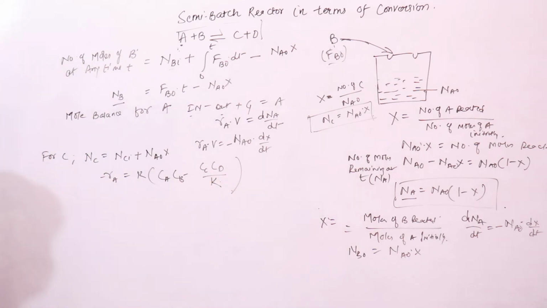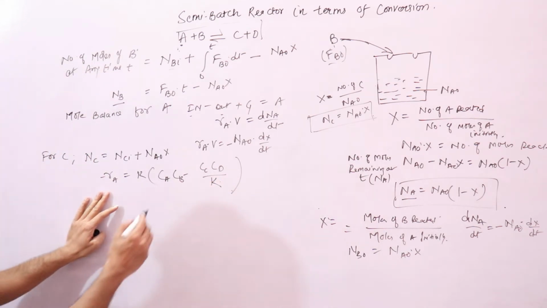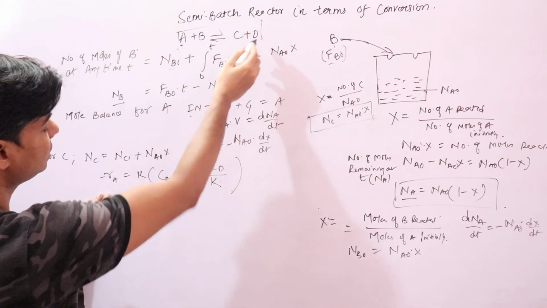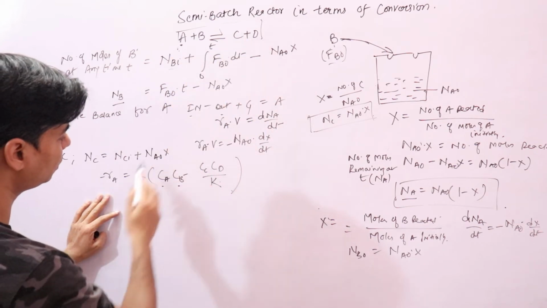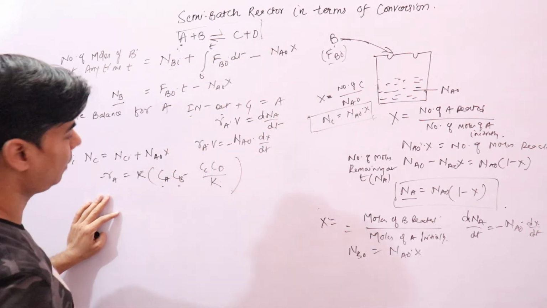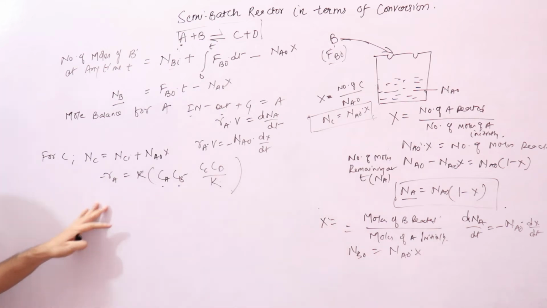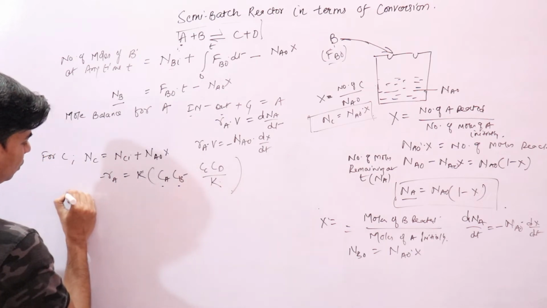Now we will be using this equation. We will find the concentration of reactants and products and substitute in this equation. So let's quickly do this. This is easy to do. We have done this in previous lectures also.